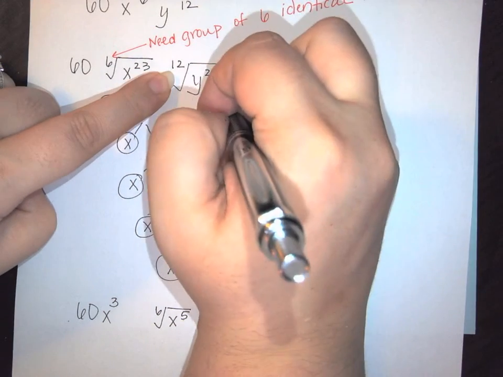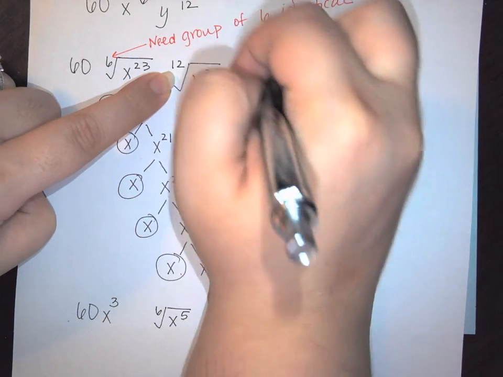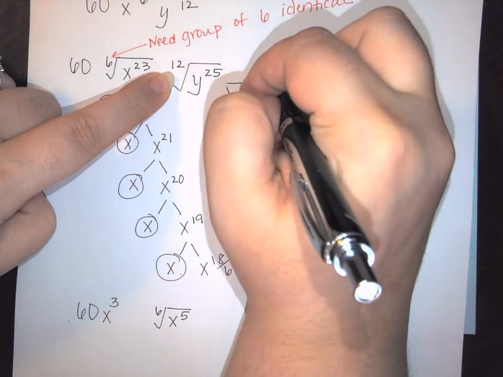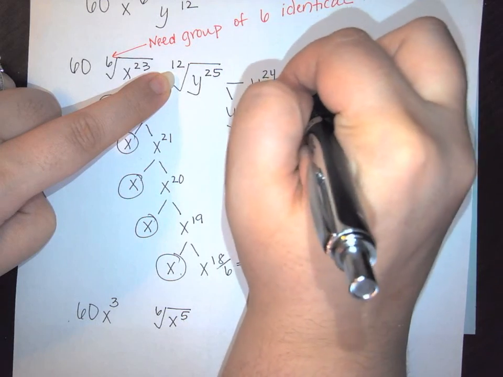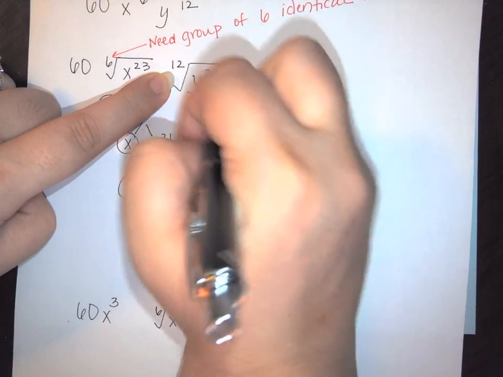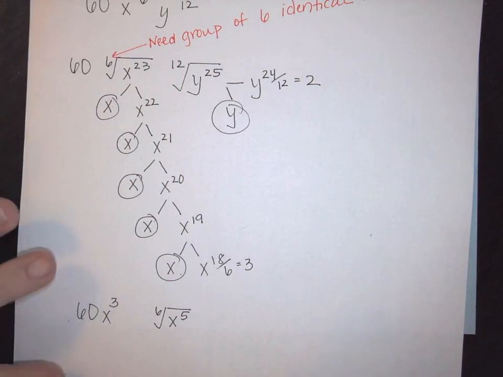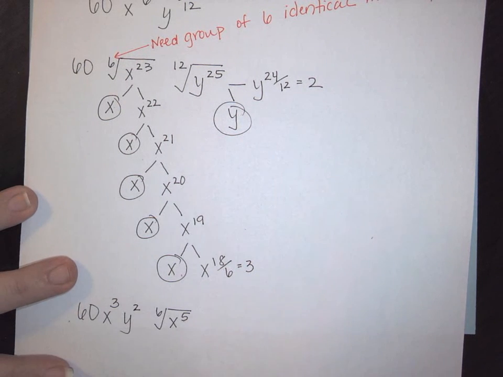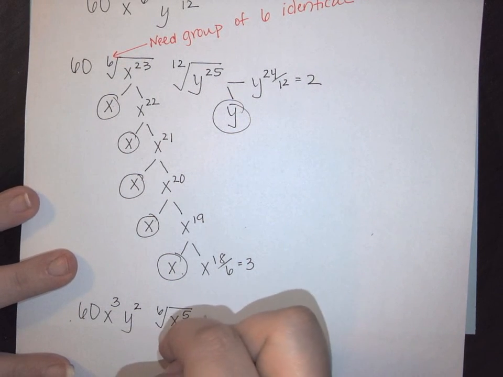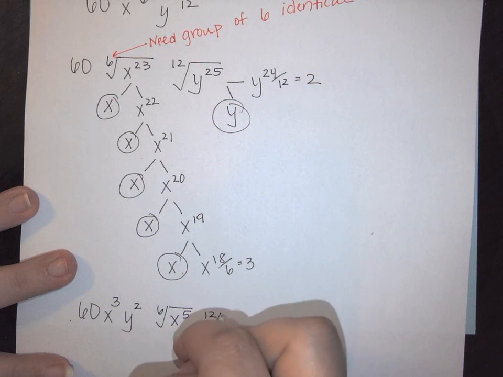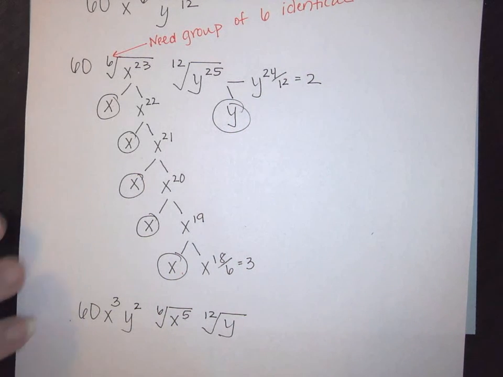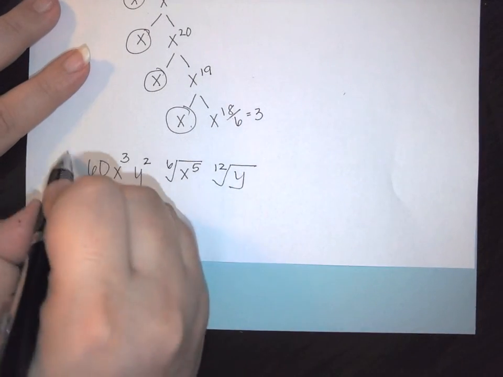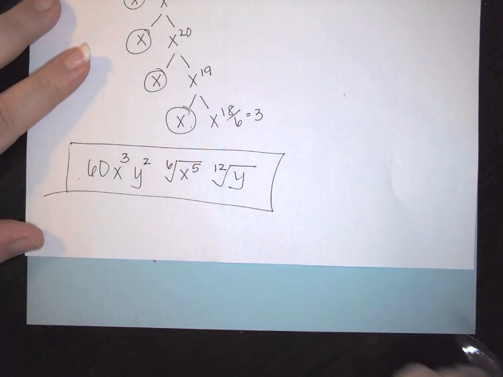So if I pull one y out, this leaves me with y to the 24th. Well, if I divide this by 12, I end up with 2. So this is the only one that's left inside. So what happens is I have y squared on the outside, and I have the 12th root of y left on the inside. And this would be the overall end result.